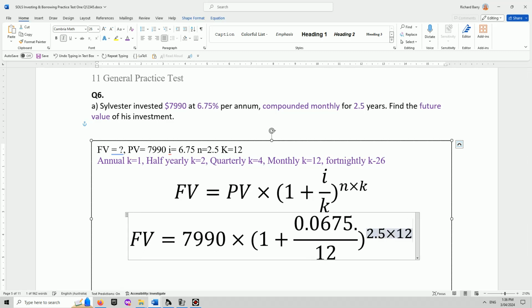This is what I'm going to put into the calculator. Remember that in these formulas we put the percents in as decimals.